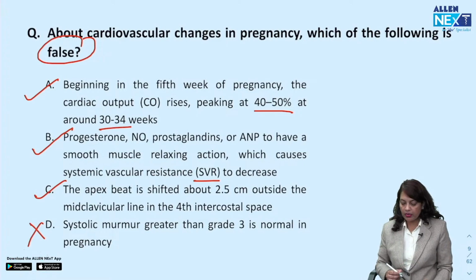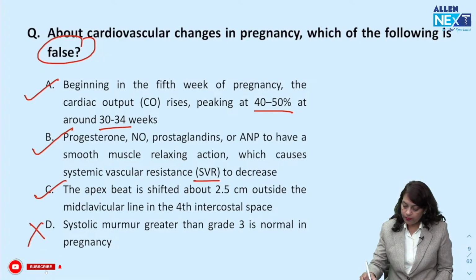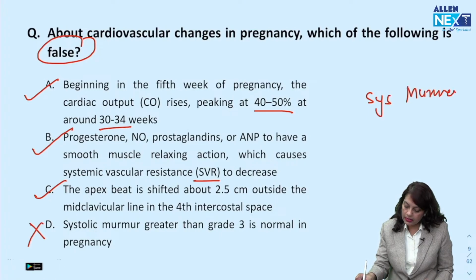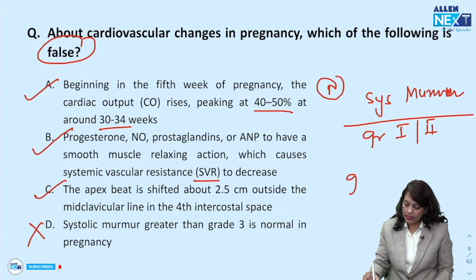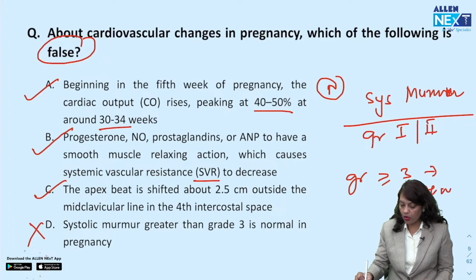But systolic murmur greater than 3 is normal, that is wrong. So if any systolic murmur is there, okay, it should be either grade 1 or grade 2, that is normal. If it is more than or equal to grade 3, that is abnormal and we consider it a heart disease.